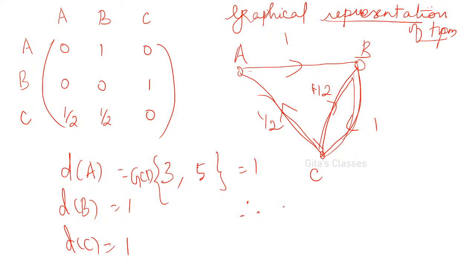Therefore, what about the states? Is it ergodic or not? It is ergodic. All the states are ergodic. If all the states are ergodic, the Markovian process is also ergodic.